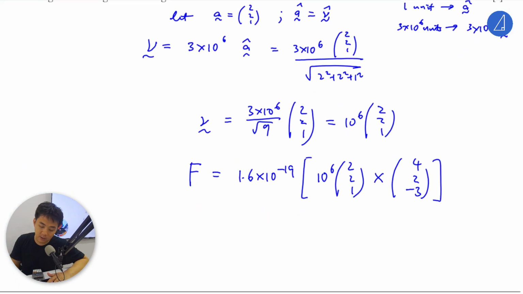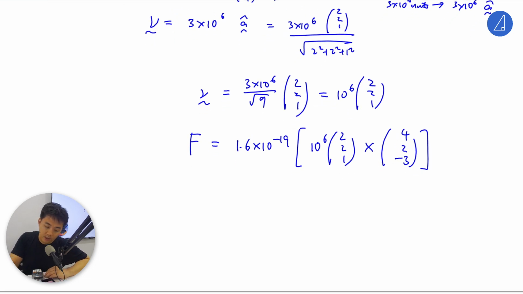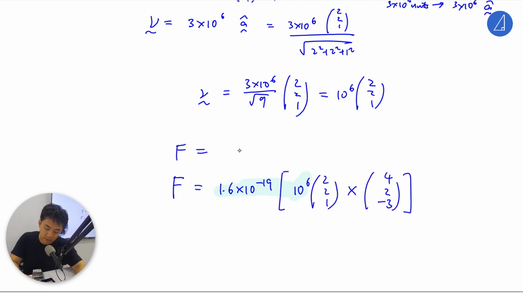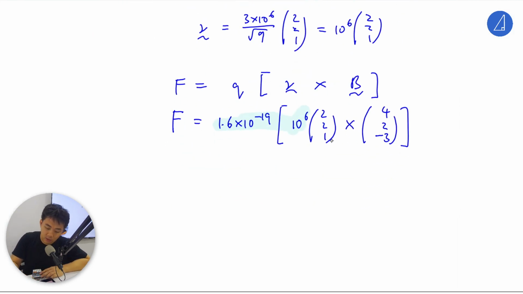So we just need to do the cross product. Maybe I'll just take this multiplied by 6. Let me write it down nicely: F is equal to Q v cross B. Then you just cross these two here.